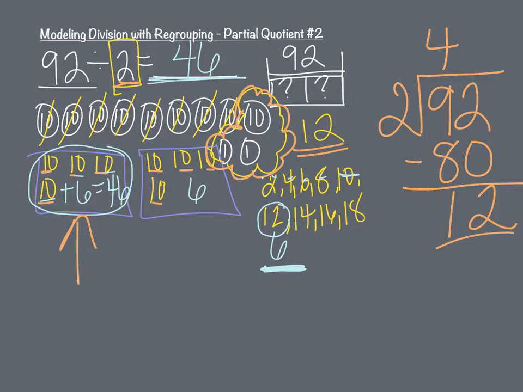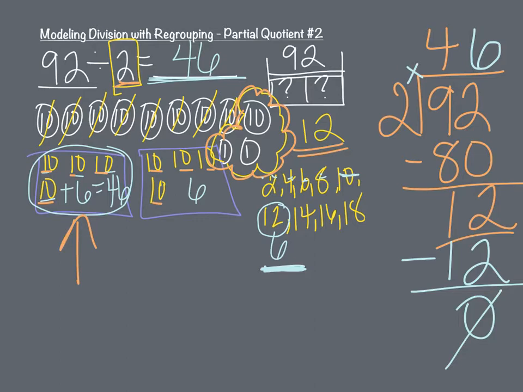So I can put the 6 up on top of this 2 to show 6 times 2 equals 12. Then my next step is to subtract. 12 minus 12 is 0.